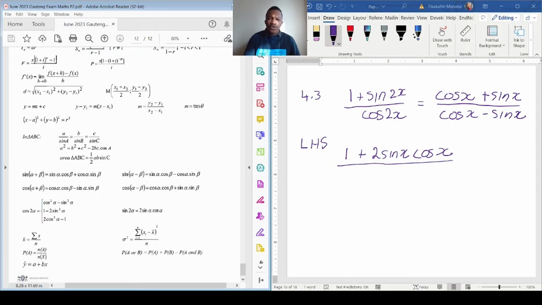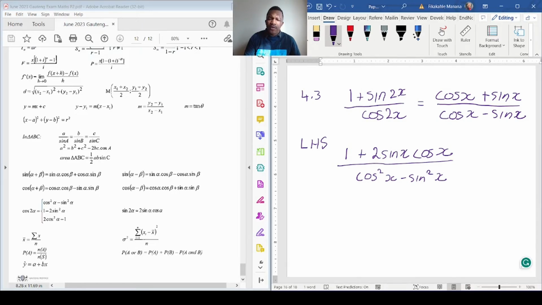Now, I'm going to use this one with a vision in mind. This first one, cos squared x minus sine squared x. And the reason I'm going to do that is because I want to change this one.